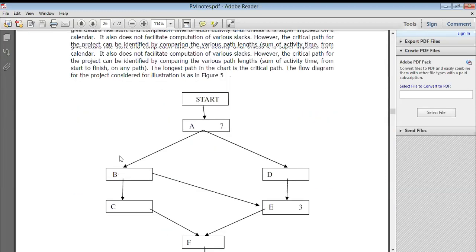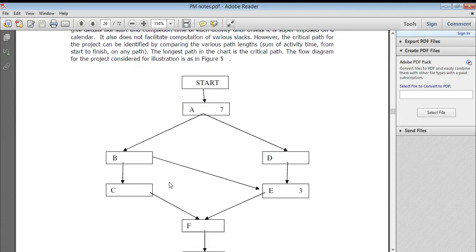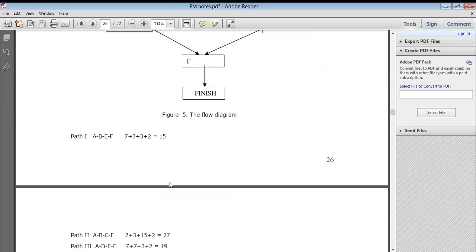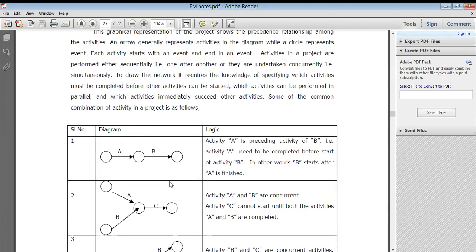On that basis we calculate the critical path: whichever is less means your work is done on time, and if it takes a long time, the critical path will take long.